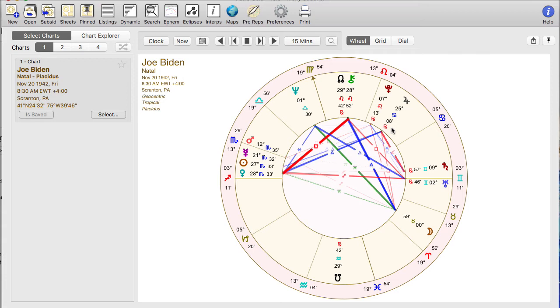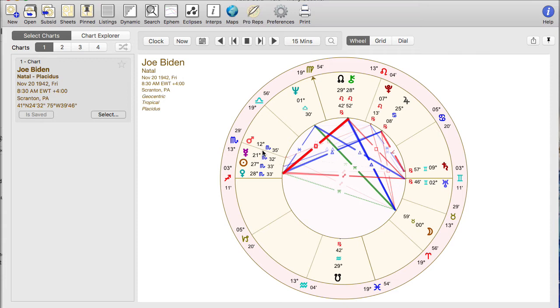The career house is the 10th house. The cusp of the 10th house is also called the midheaven. The sign on the midheaven is Virgo. The planet that is the landlord of Virgo is Mercury, and Mercury's here in the 12th house.